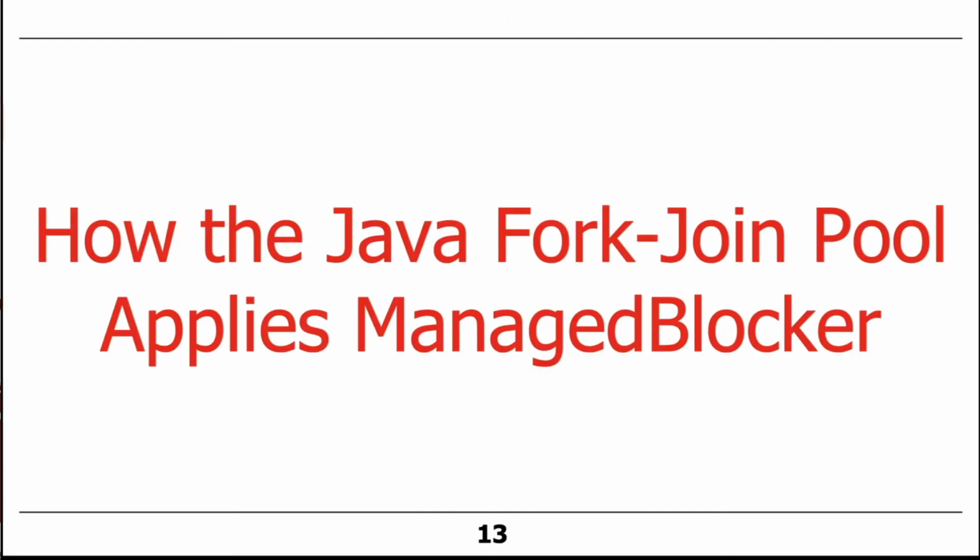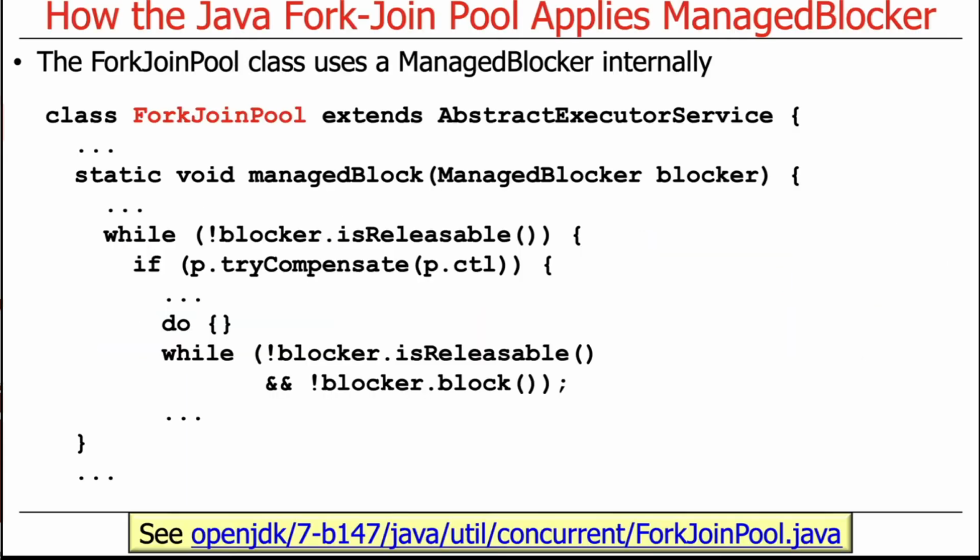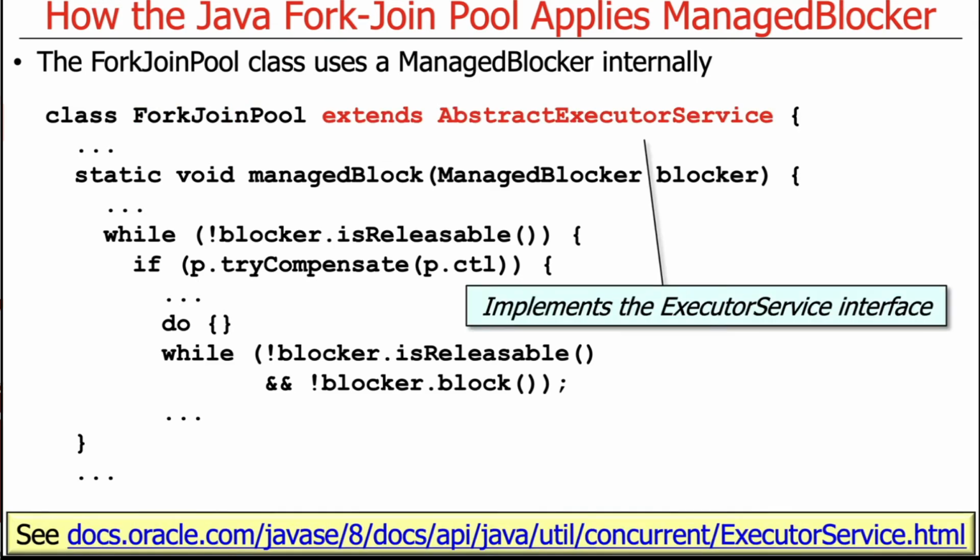So how is the common ForkJoin pool implementation going to apply managed blocker under the hood? Because that's really the key issue here. If you take a look at the ForkJoin pool class in the Java source code, you can see ForkJoin pool extends the abstract executor service, which in turn implements the executor service interface.